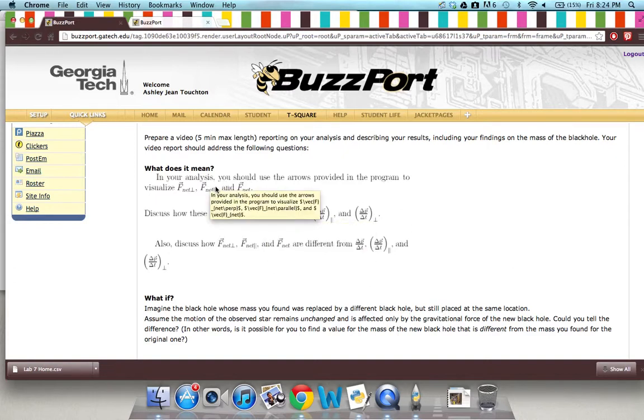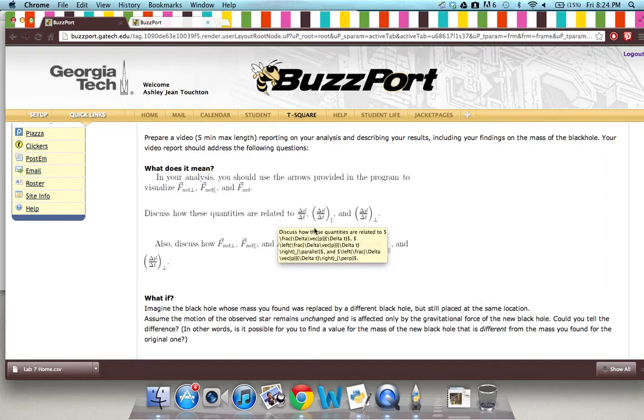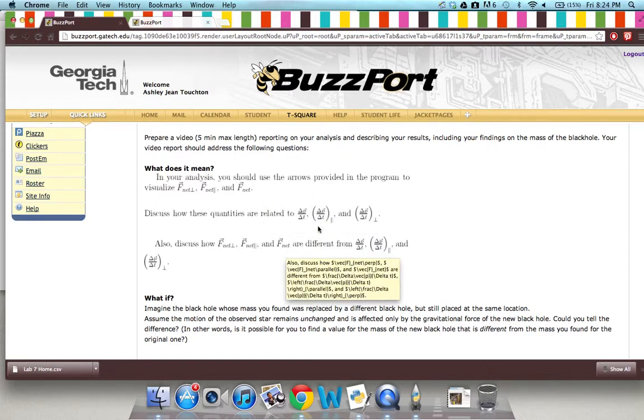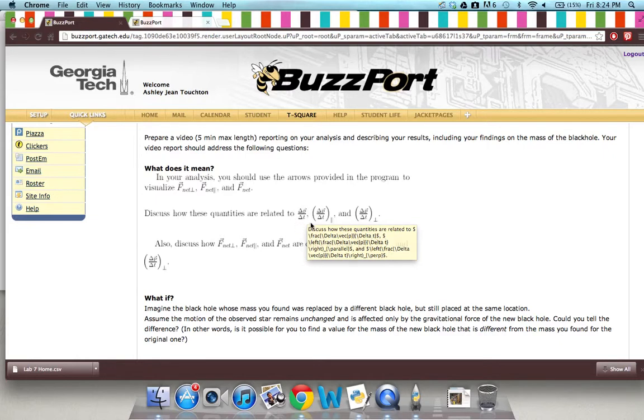Each numerical value is going to be exactly the same. The main difference in these is that they're derived differently. The FNet forces are going to be the accumulation of all the forces acting on the star, while the change in momentum over the change in time is exactly that. And so they're derived very differently, but the numerical values will end up being the same.